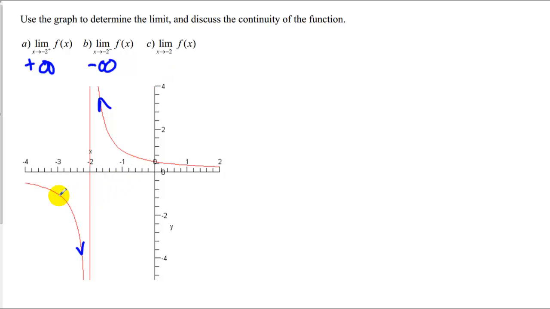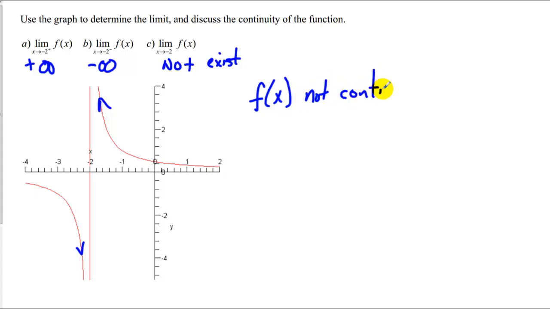Thus, we say that the limit as x approaches -2 does not exist. And therefore, since that limit does not exist, the function is not continuous at x equals -2.